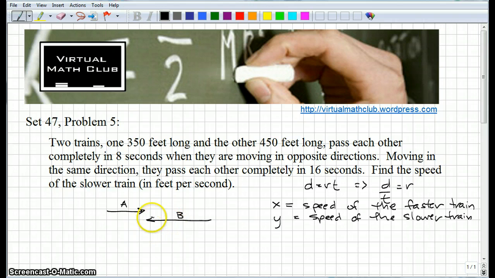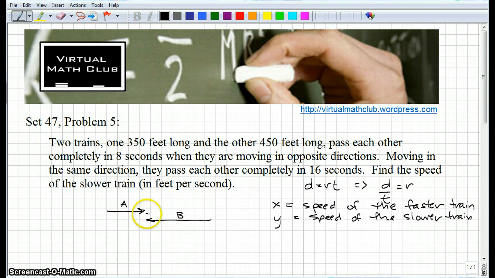We could consider an extreme case where, for example, train A is standing still. We'll say its speed is 0. It could be 0, we don't know that yet. Probably not, because then it would take the faster train the same amount of time to pass it no matter what speed or direction it's going. But let's look at the case where A is stationary and B is traveling along here.